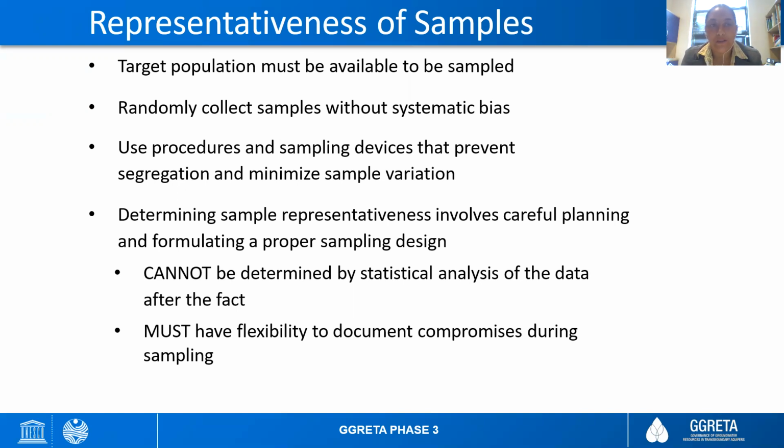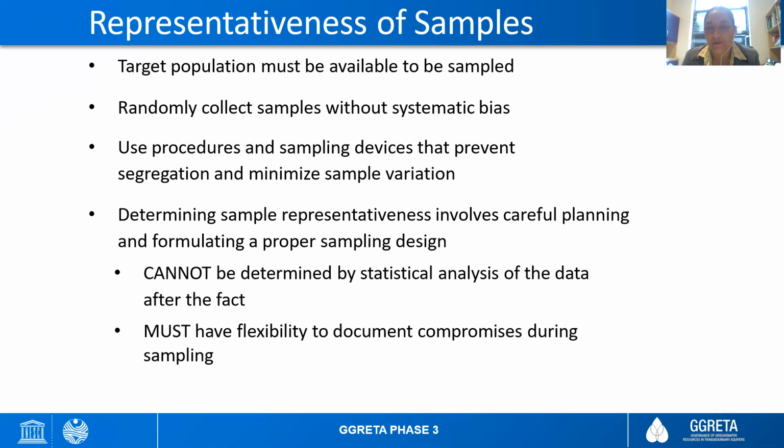Your samples need to be randomly collected without systematic bias. You also need to use procedures and sampling devices that prevent segregation and minimize your sample variation, for example, a specific depth sampler to get a sample at a specific depth in a borehole, maybe where the screen sits. Determining your sample representativeness involves careful planning and formulating a proper sampling design.